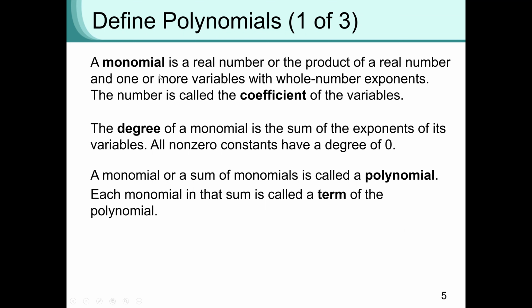So next we're going to define what is a polynomial. First, what is a monomial? As we said earlier, poly means many, polynomials. Mono means one. So a monomial is a real number or a product of a real number and one or more variables with a whole number exponent. And that number is called the coefficient of the variables.